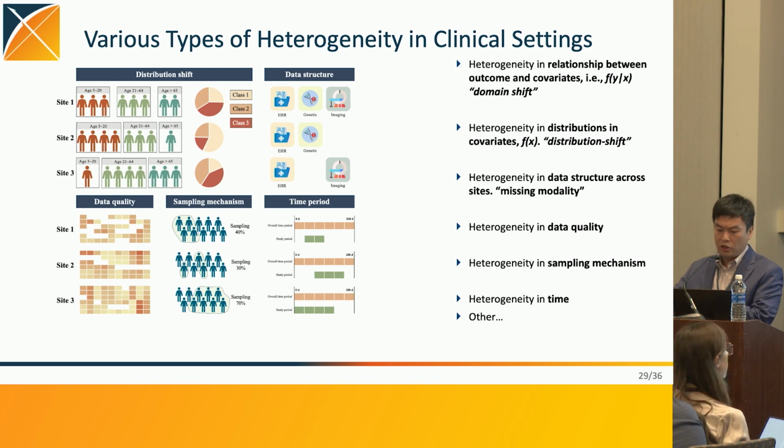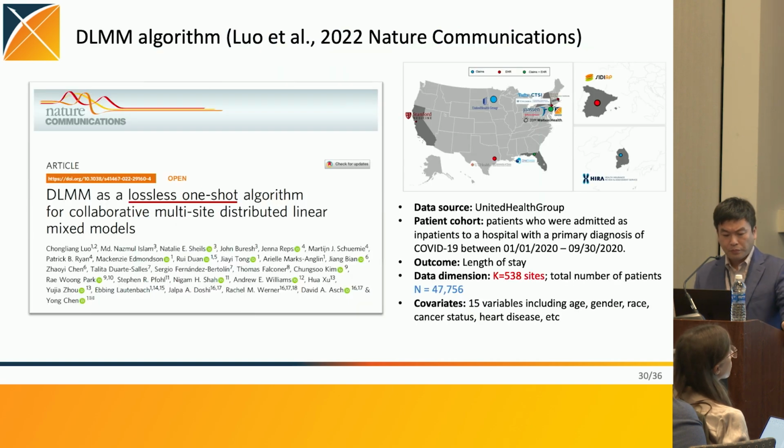The patient population can shift, and data quality can be different, right? This is a model where we consider the heterogeneity, and we were very lucky. We actually found a lossless one-shot algorithm.